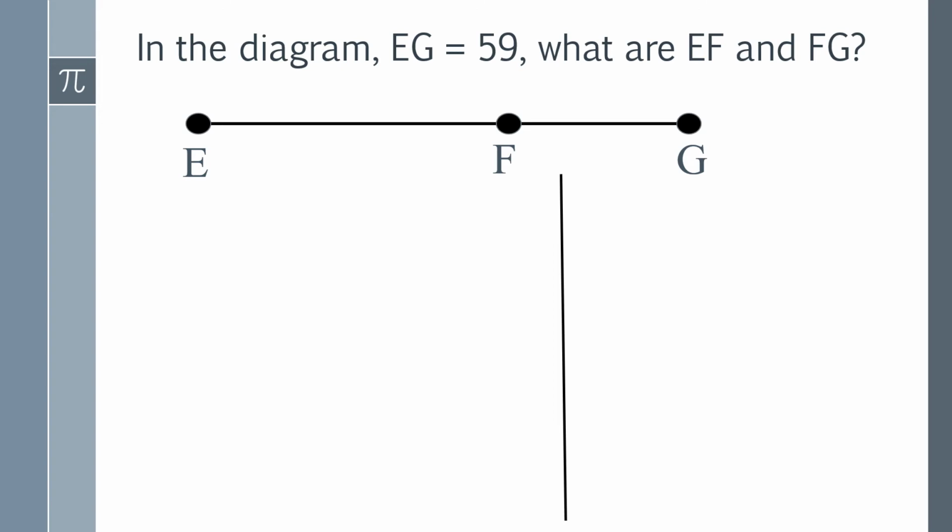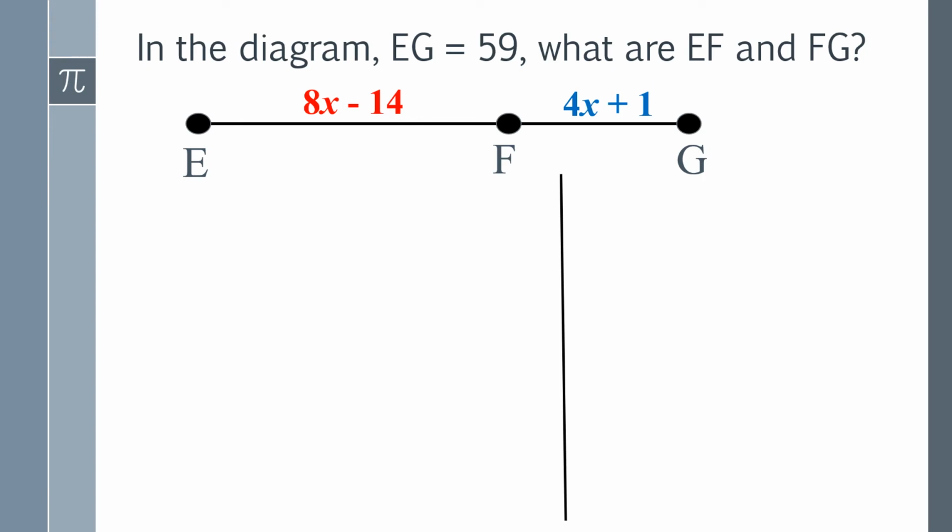In the diagram, the length of segment EG is 59 units long. What are the lengths of EF and FG? So first of all, we see here that the length of segment EF is 8x minus 14. The length of segment FG is 4x plus 1.